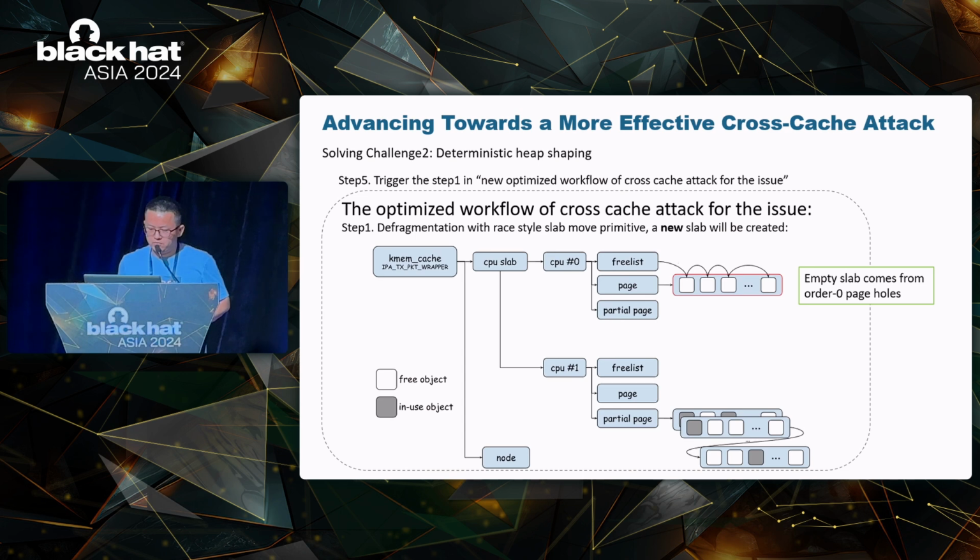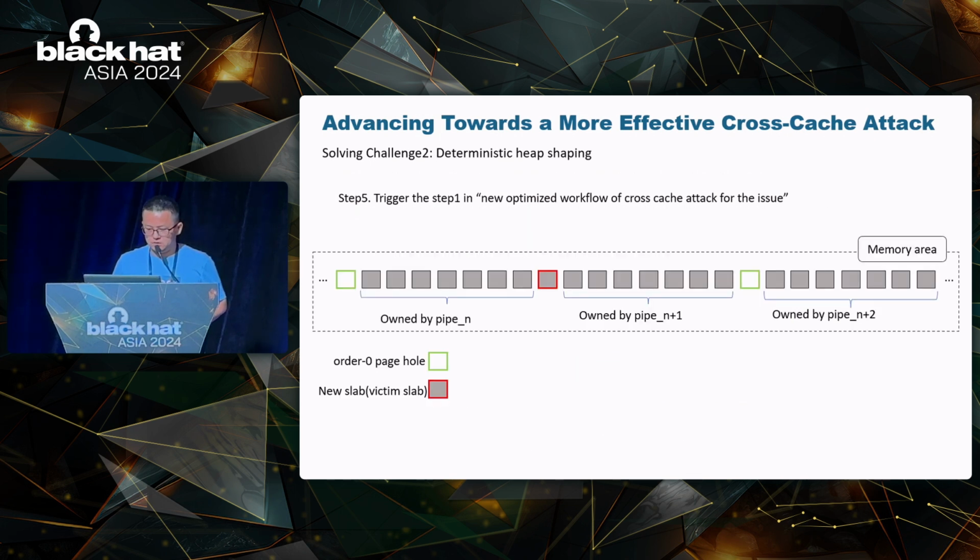In step 5, we trigger the step 1 in the new optimized workflow of cross-cache attack. As you can see here, this empty slab would come from the order 0 page holes that we have just created. After step 5, the memory area would be like this. One of the page holes has been reused as the new slab, which is also the victim slab.